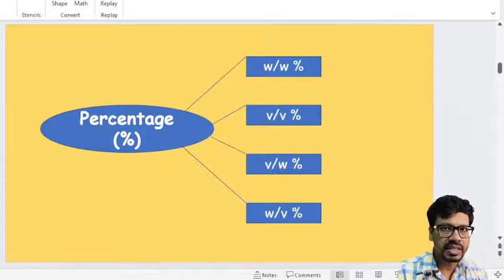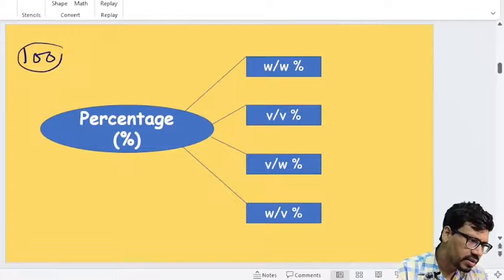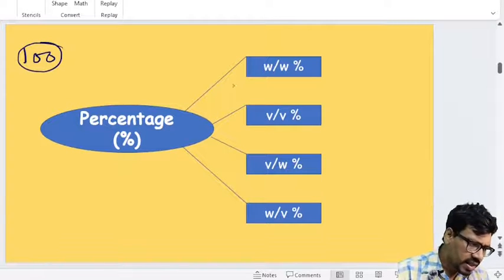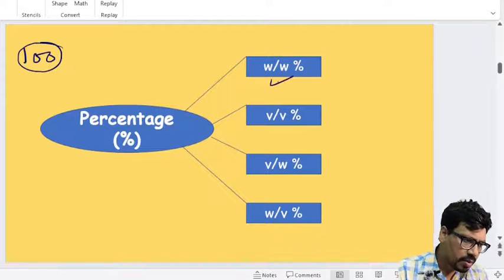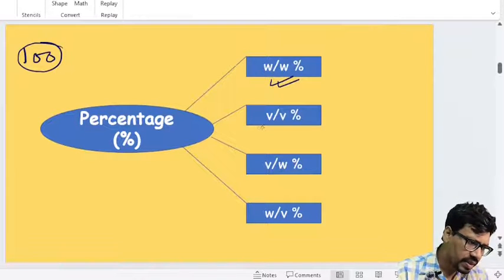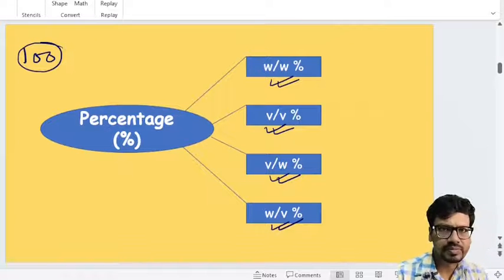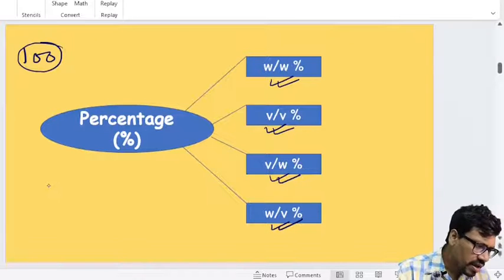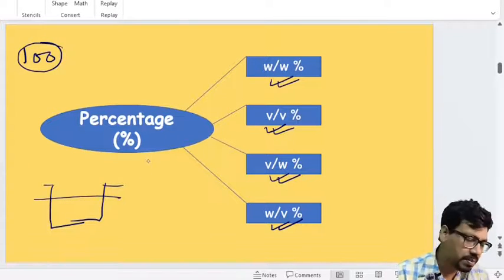Percentage means 100. There are various types of percentage terms: W by W, that is mass by mass percentage, volume by volume, volume by mass, and mass by volume. First, I shall represent this percentage term by a pictorial representation.